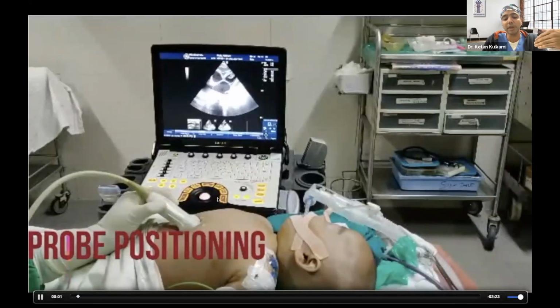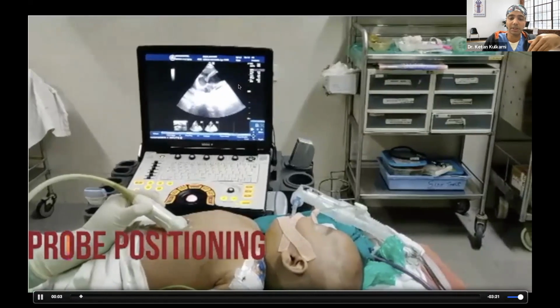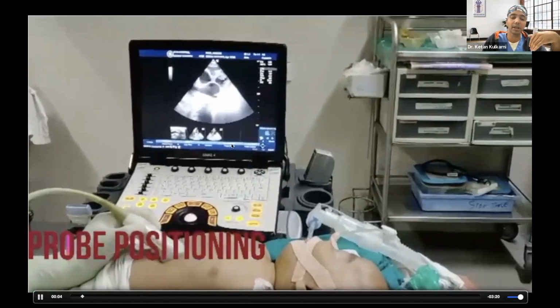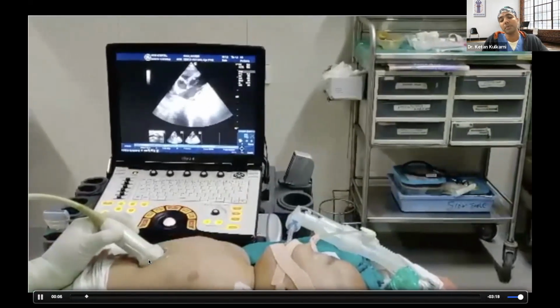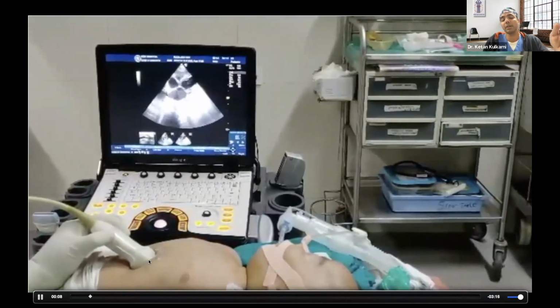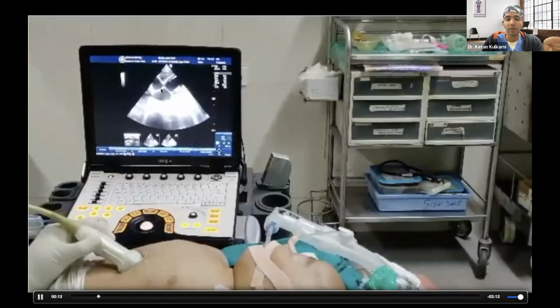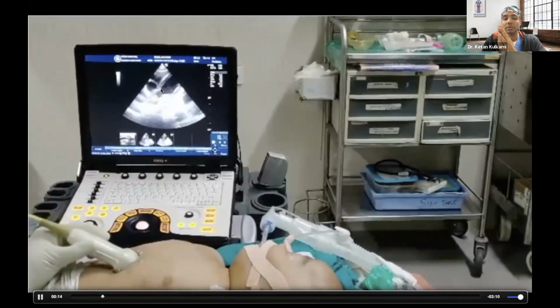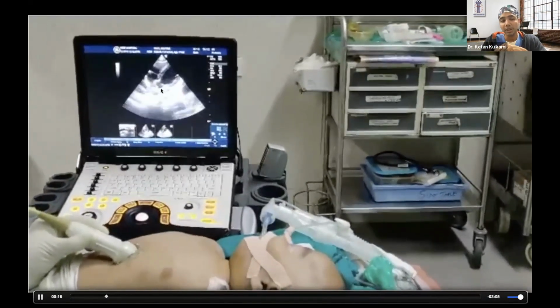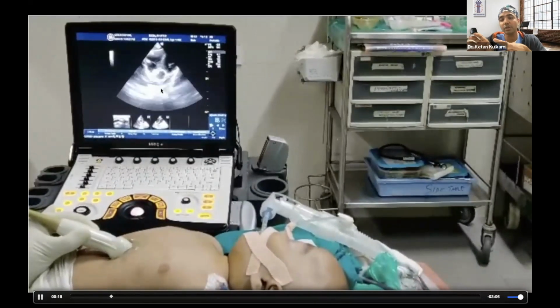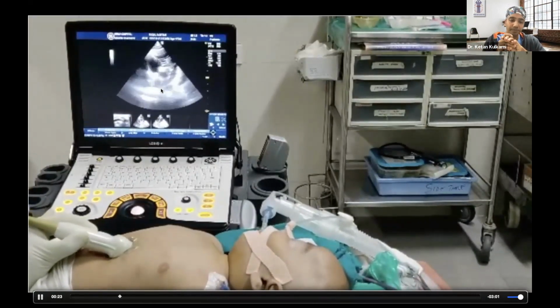So this is how you place the probe. You have this echo probe. This is the same machine which we have used for putting the line in, and you put the probe near the xiphisternum in the subcostal area. You look at the heart, and once you have achieved the subcostal 4-chamber view, you slightly rotate the probe and try to see the SVC-RA junction.